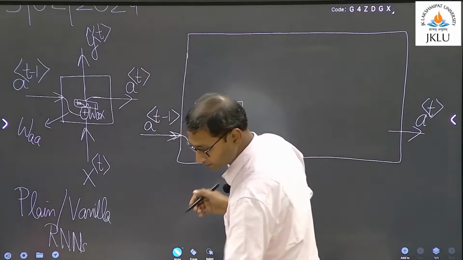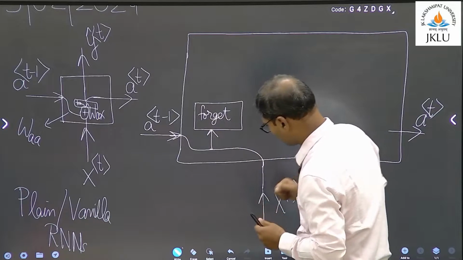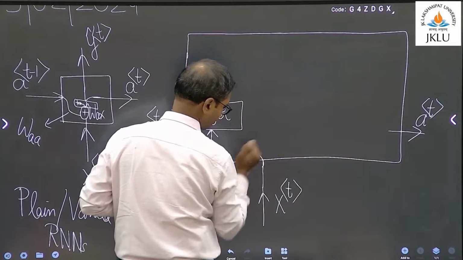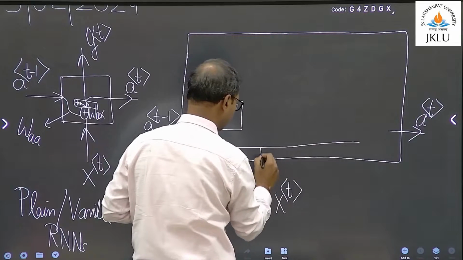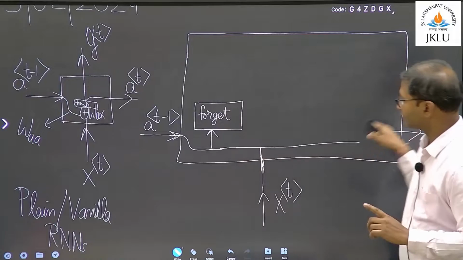And then the same thing. Let me write it this way: this x_t we are short circuiting over here. Everywhere x_t is there, you can't get rid of x_t. So x_t is there everywhere.